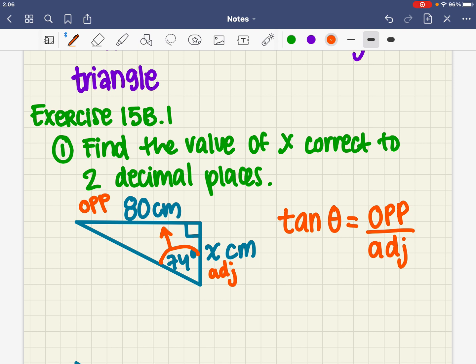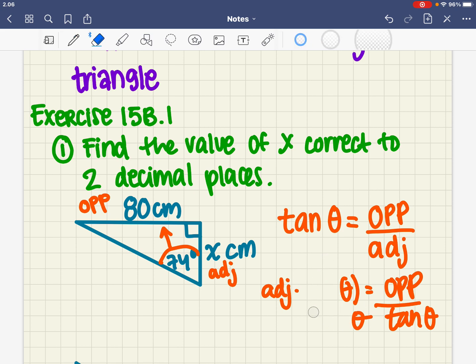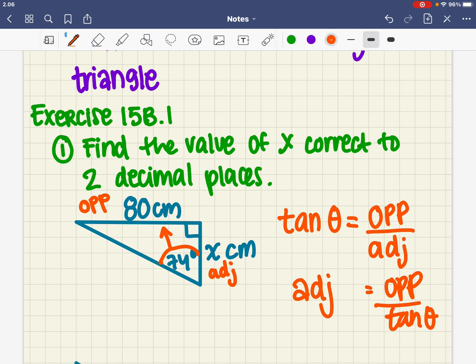What you can do is you can swap adjacent and tangent theta, because if I were to multiply adjacent side on both sides, I would get adjacent times tangent theta equals to opposite. And then you could divide tangent theta on both sides. And notice that this would equal to 1. I could get rid of that. So pretty much I'm just swapping them, right?